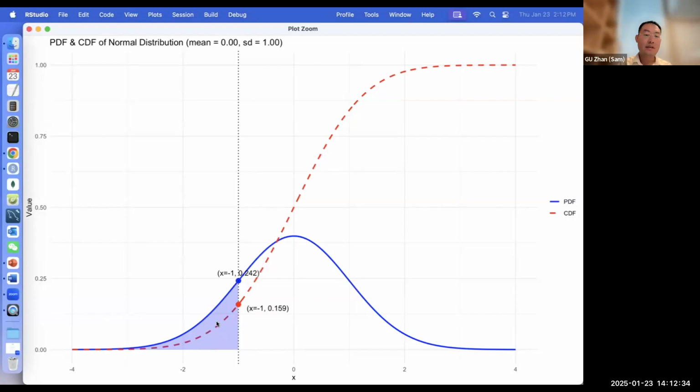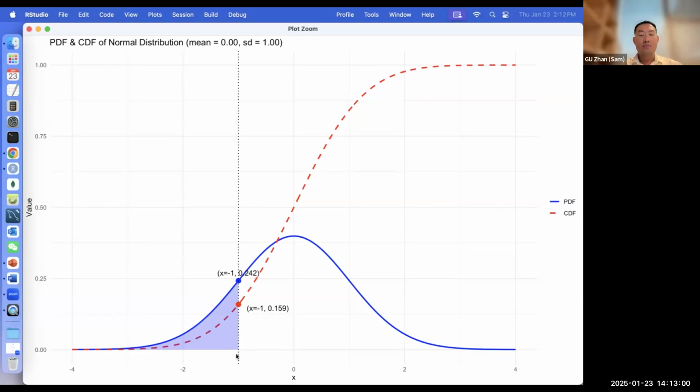The area highlighted in this light blue area has a value of 0.159. So the red curve's dot, 0.159, is equal to the size of the highlighted blue area.